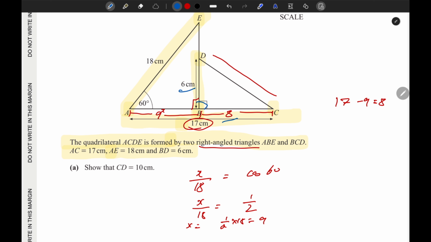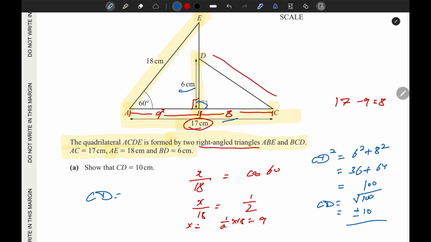We can find CD using the Pythagoras theorem: CD square equals 6 square plus 8 square. 6 square is 36 plus 64. So this is 100. So what is CD? CD is under root of 100, which should be plus minus 10. But we are taking only the positive side, because we are ignoring the negative one.